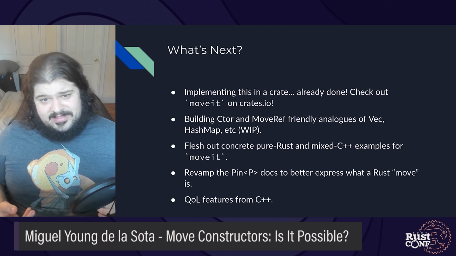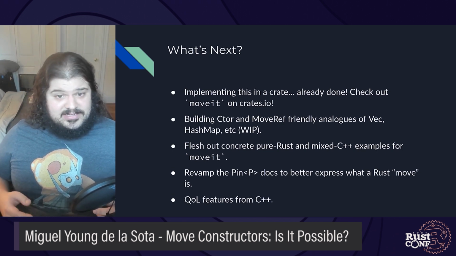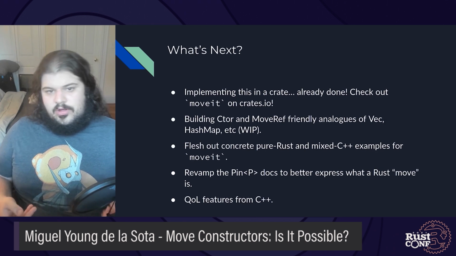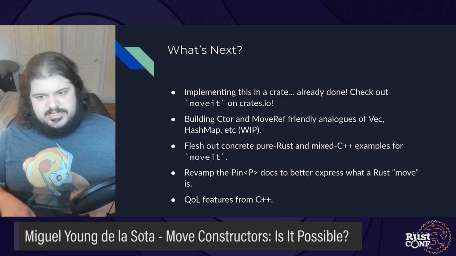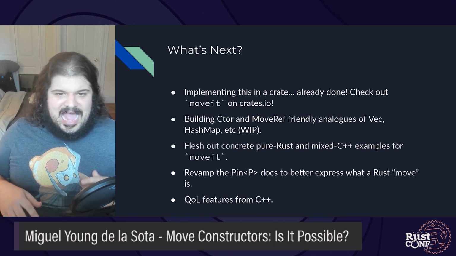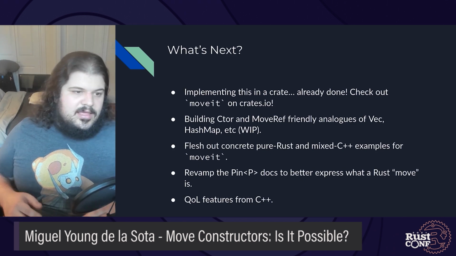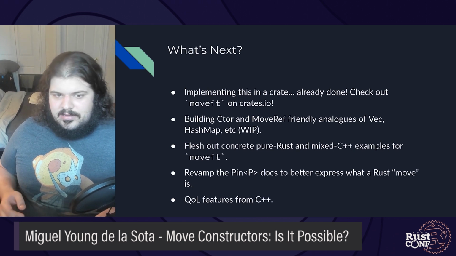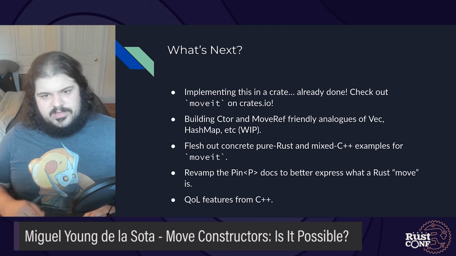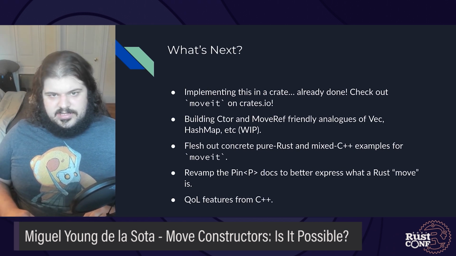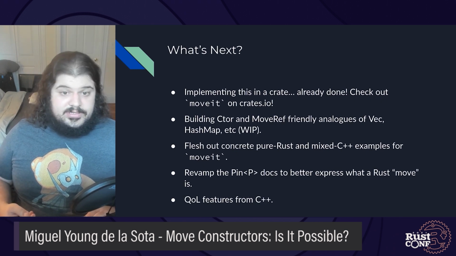In the process of developing this, I sort of realized that Pin's docs don't express all of the things you can do with it. It only expresses a certain subset of it. I'd like to improve the documents so that they more clearly state the guarantees and what they mean for API design. I have a working version that I'm hoping to propose to the Rust standard library at some point.